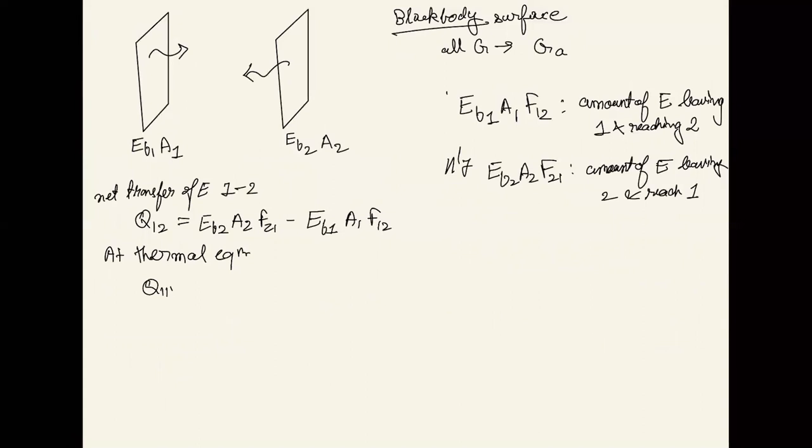I hope everyone agrees on this point, that Q12 has to be 0, and this will imply that EB2 A2 F21 has to be equal to EB1 A1 F12.